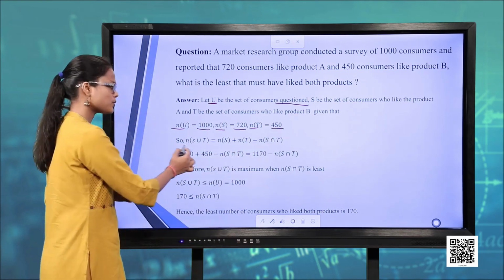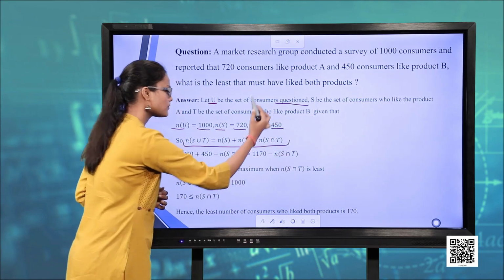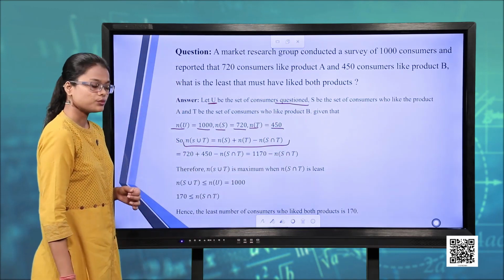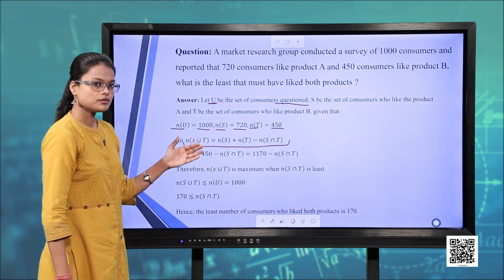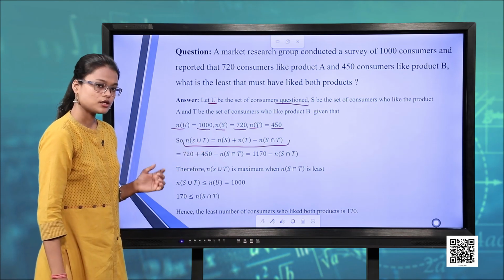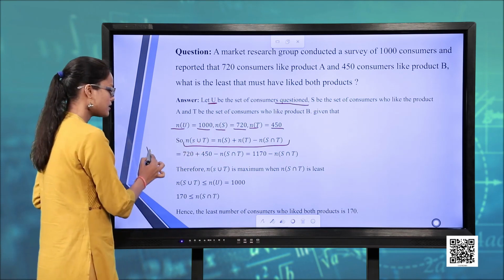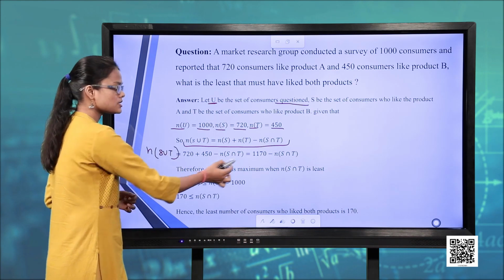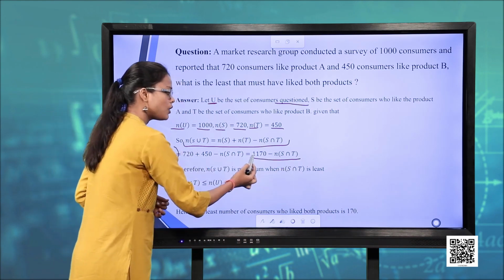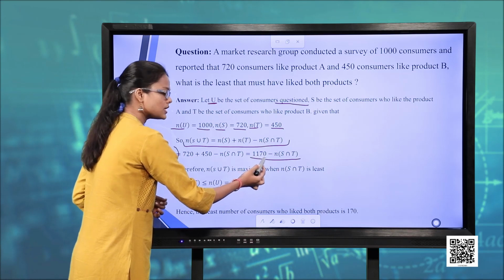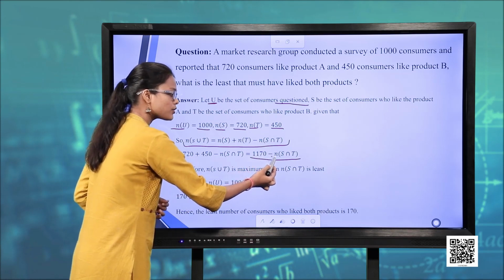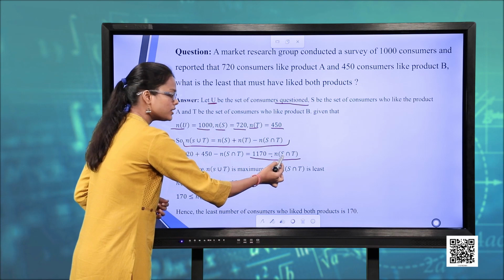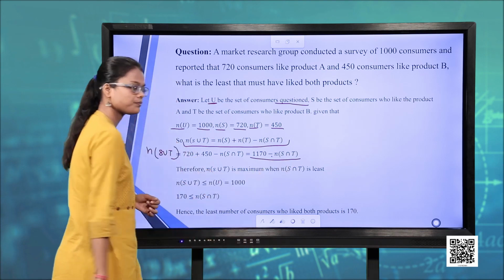Now, we already know this expression. If we put the values in the given expression, what will we get? You may see that number of elements in S union T is equal to 1170 minus the number of elements which are common in S and T.